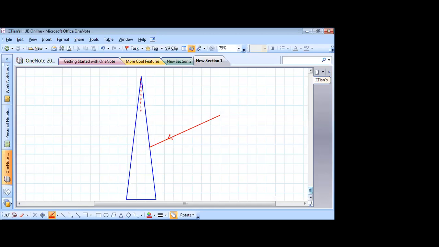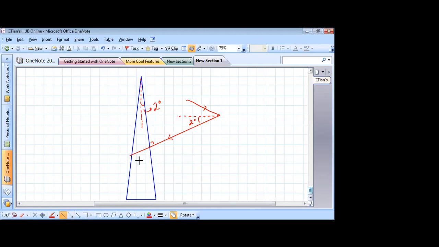Now this was to draw vertically here. This is 2 degrees. And this was also 2 degrees. So this is a normal incidence, so it passes undeviated here.